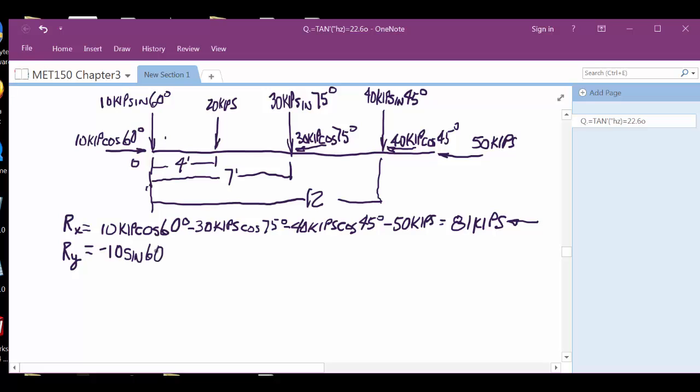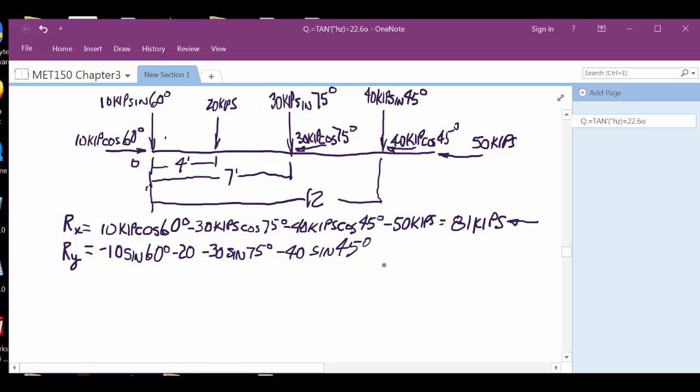Sine of 60, minus 20, minus 30 sine of 75, minus 40 sine of 45.